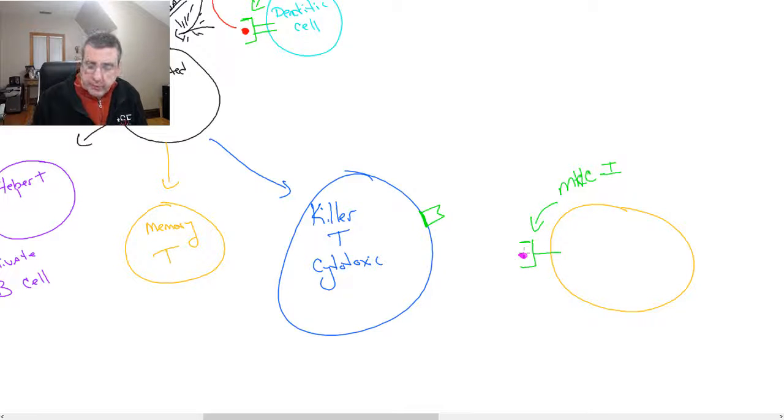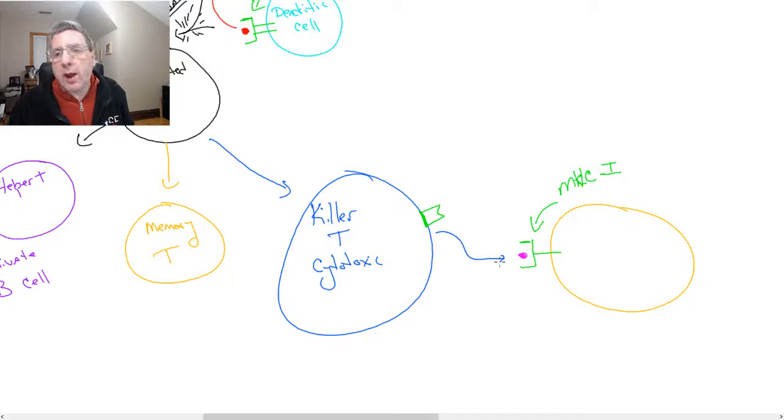So what happens is this killer T comes around and the killer T recognizes that cell or recognizes that antigen, okay? And this antigen, let me just keep it with red to be consistent. Okay, so what it's doing at that point is it binds with this and it realizes, okay, we've got a foreign antigen that needs to be destroyed.